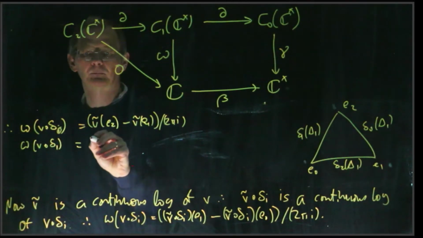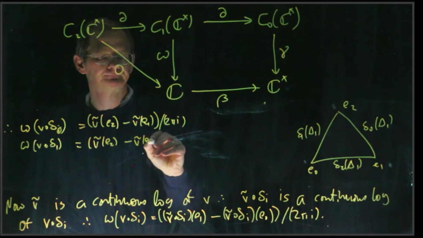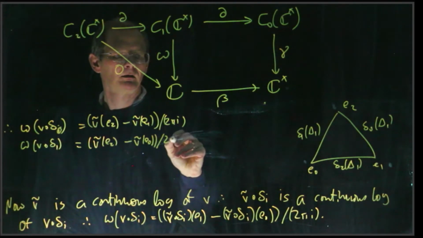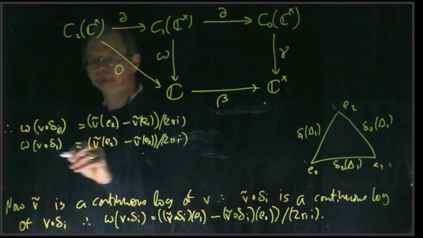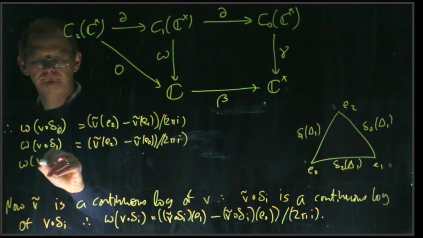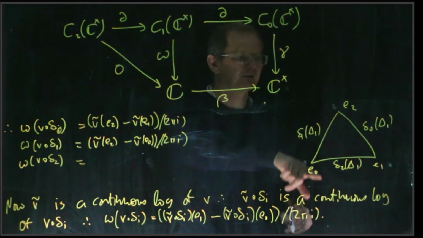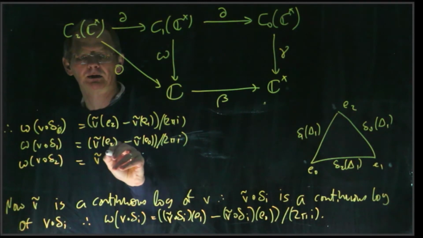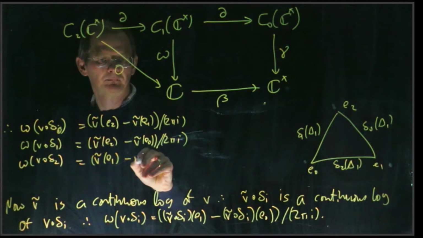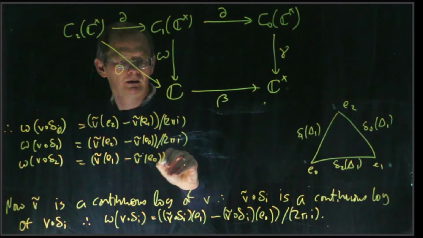So here you end up with v tilde E2 minus v tilde E0 over 2 pi i, and the same with delta 2. Here the delta 2 thing is like this, going from E0 to E1. So that's v tilde E1 minus v tilde E0 over 2 pi i.